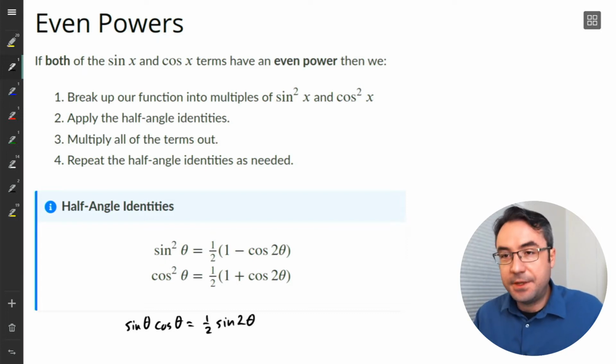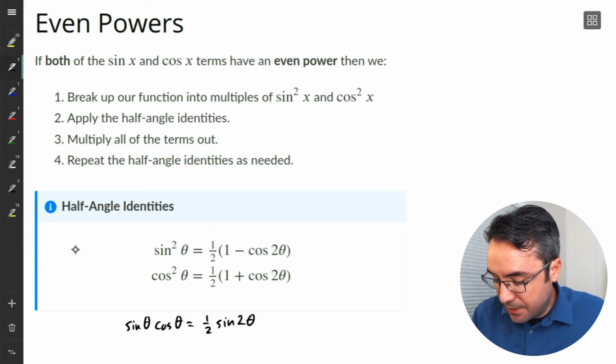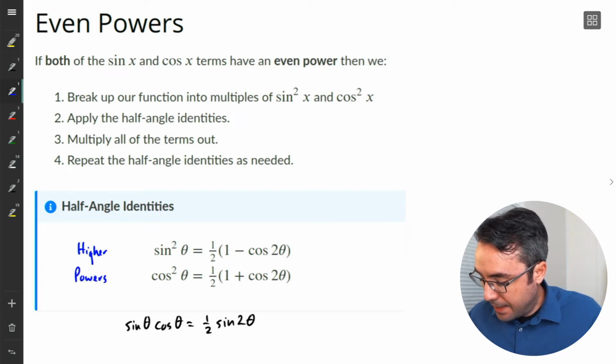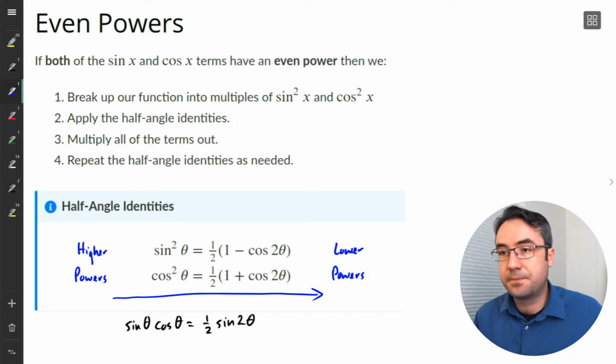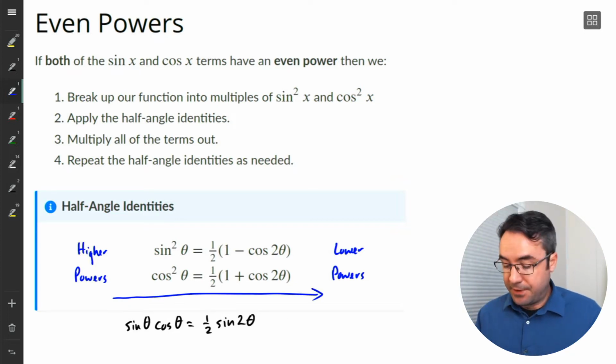So, why these trig identities are helpful is that on the left, it takes higher powers and reduces them into lower powers of sine and cosine. And same thing for the one down here.